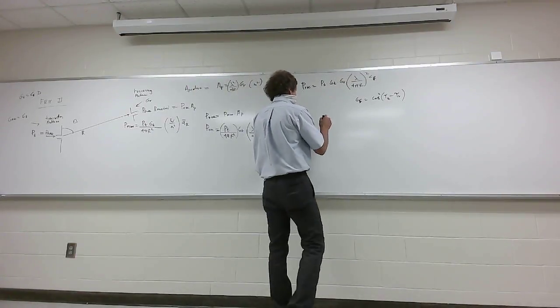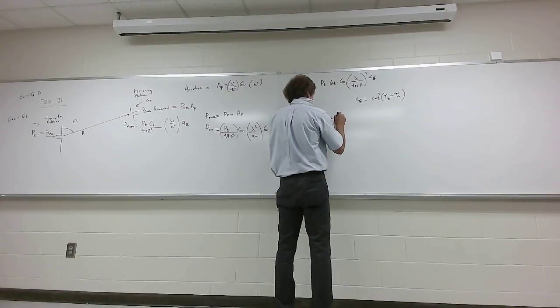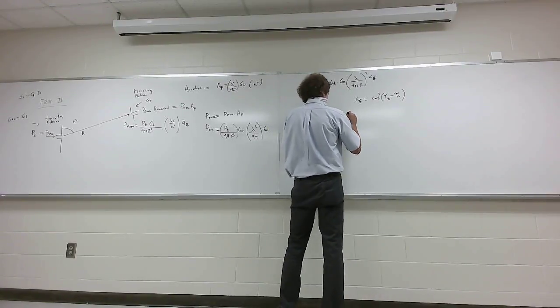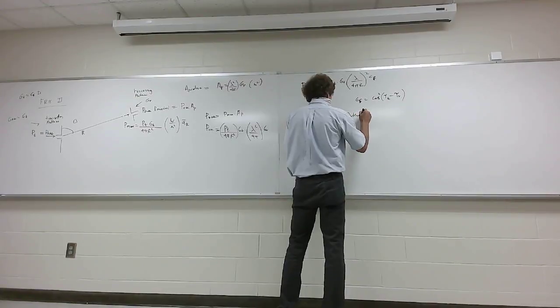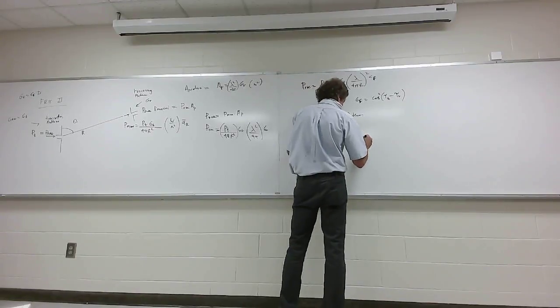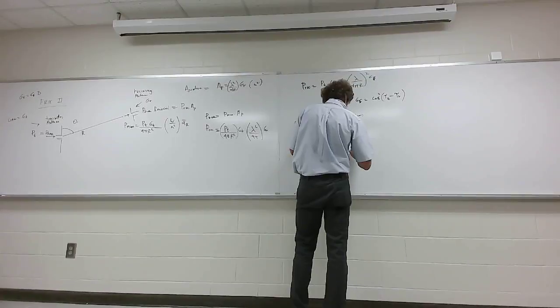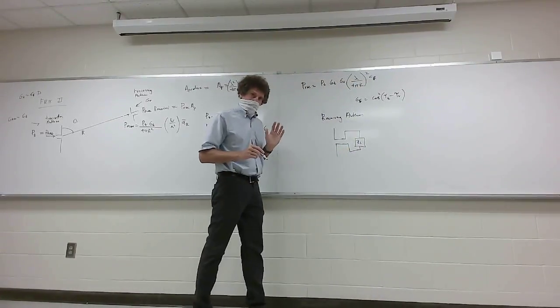So we're going to look at the receiving antenna. It looks like this. And then we're going to put some load on it, call it ZL right here. That's what it looks like.